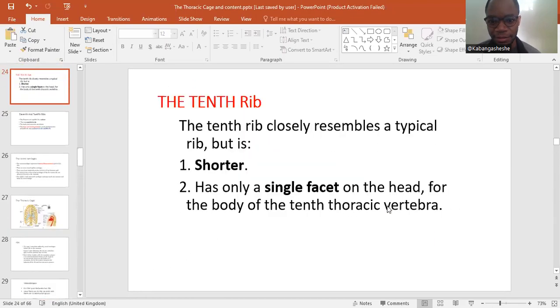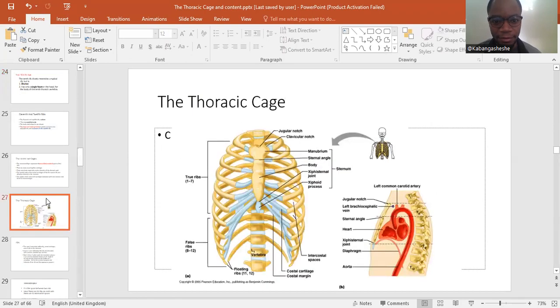Let me go back to that diagram here. If you draw a horizontal line cutting through this level, the sternal angle of Louis, above up to this level, the superior part of the manubrium, is superior mediastinum.